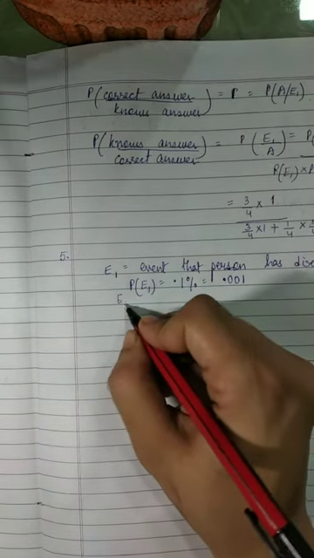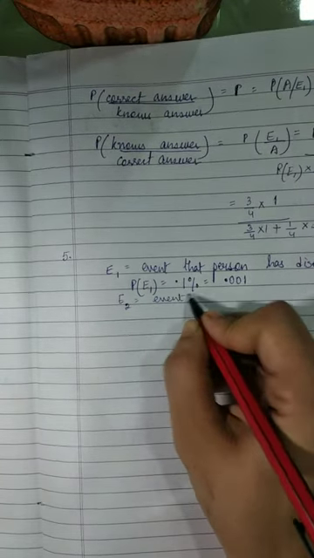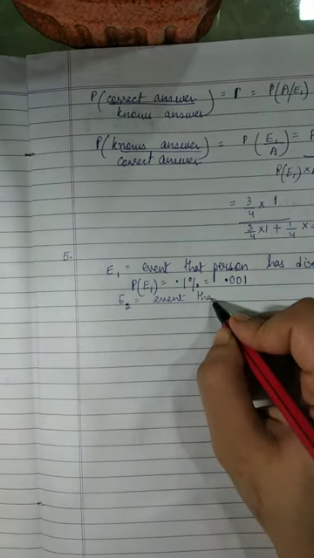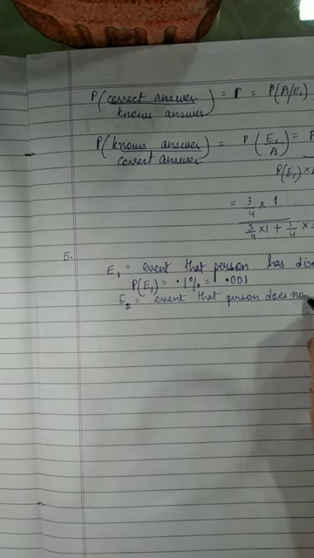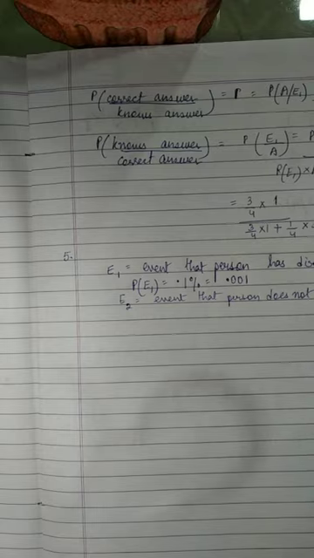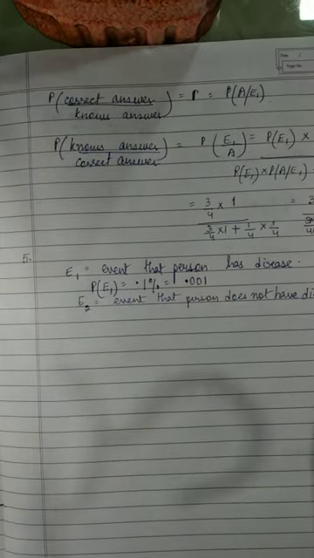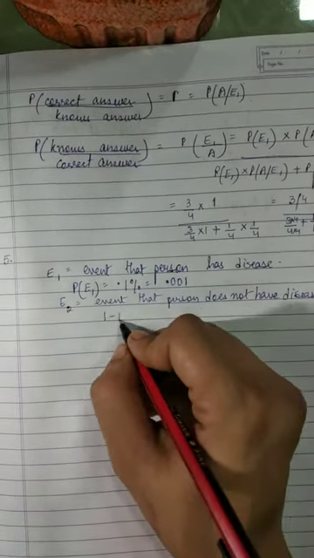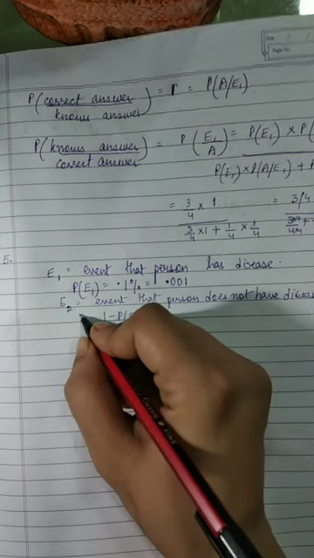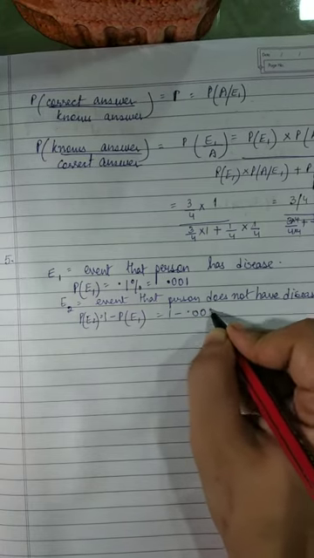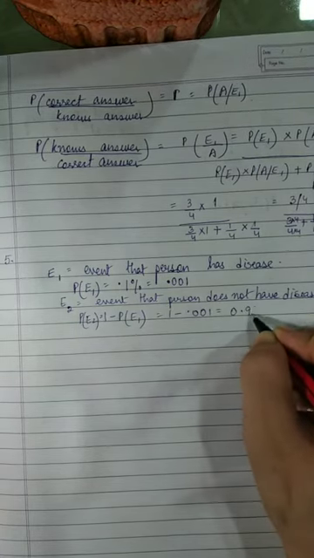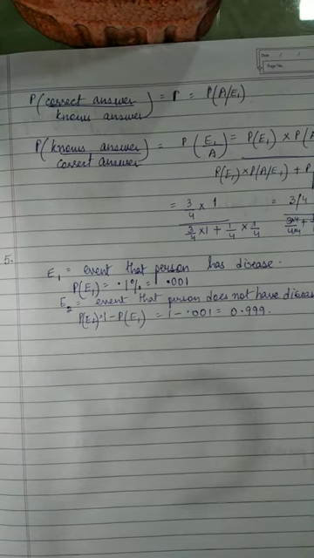Okay, now E2 is the event that person does not have disease. So what is its probability? Its probability is 1 minus P(E1). So that is 1 minus 0.001, which is 0.999.